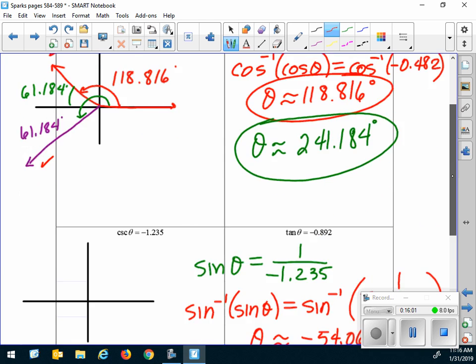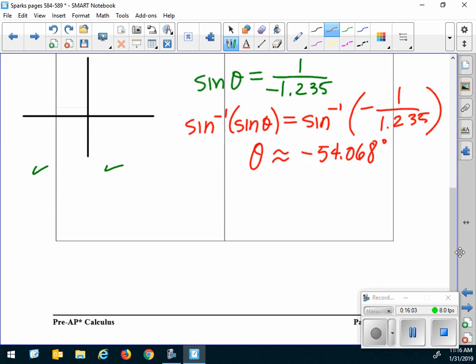How do I use that to get a positive angle measure, because it said 0 to 360 in quadrants 3 and 4? Let's just talk about the 54.068. That's your reference angle.